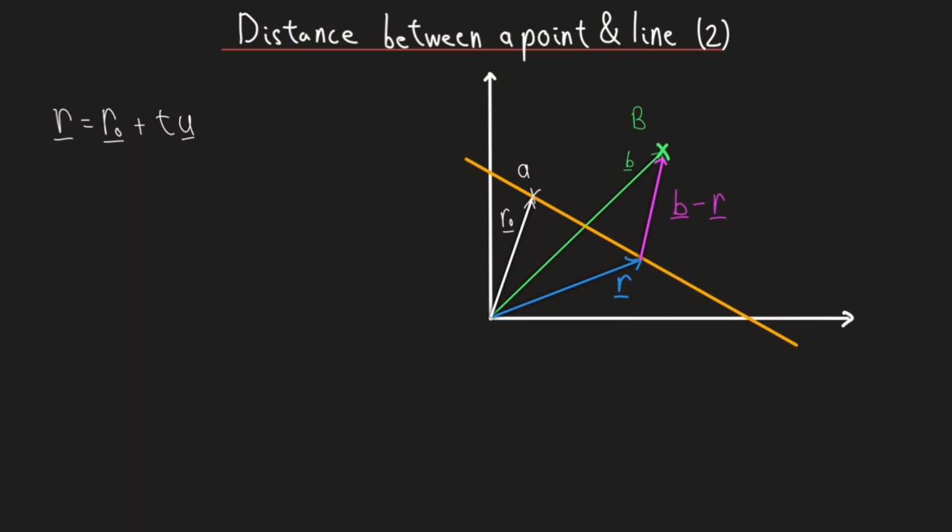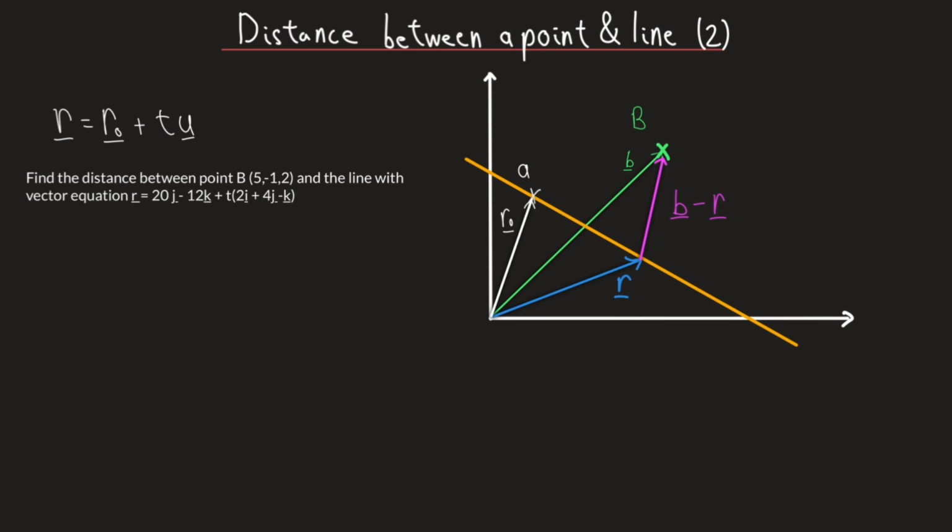Since we are considering the distance between the point and the line, we need to take into account this difference vector. And we want to impose certain conditions on it, namely that it has to be perpendicular to our line. I think it's better if we show how to find the distance through an example.